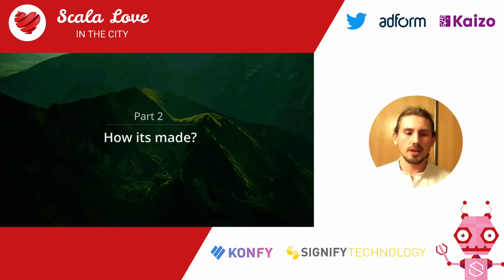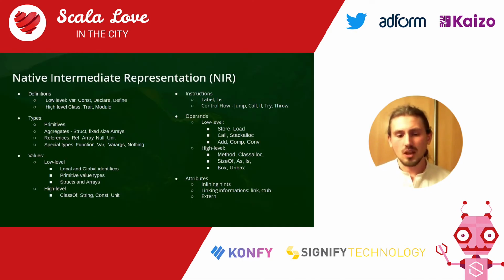How do you make code that normally runs on the JVM be executed as a normal program? Well, everything starts with the core of Scala Native, which is its native intermediate representation.